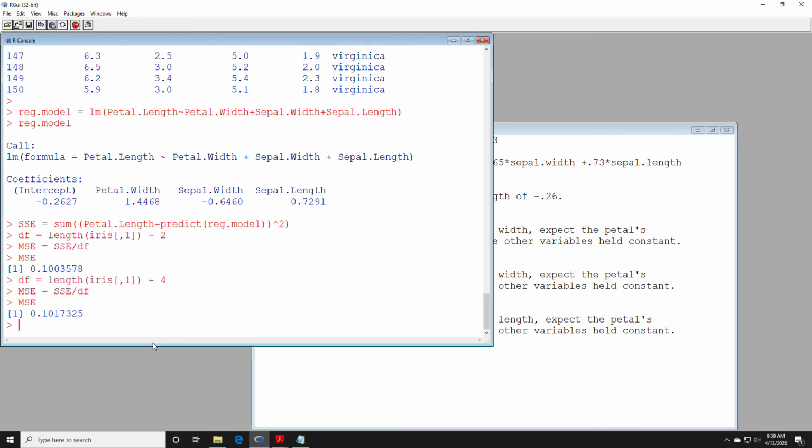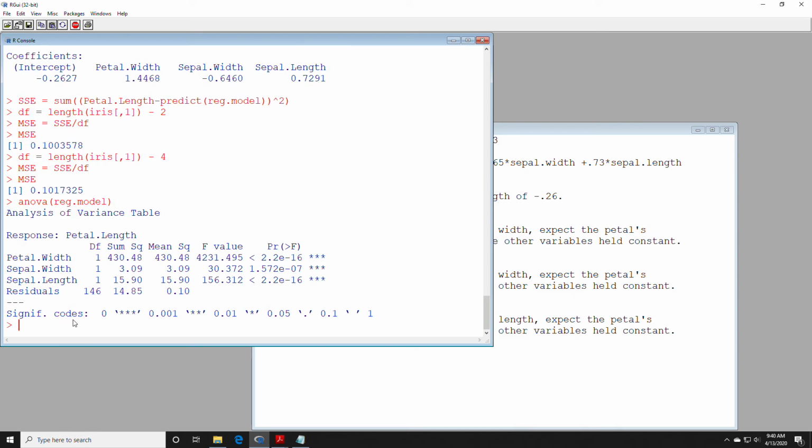So that doesn't look like it really did much, but nonetheless, this is our estimate. And as before, we don't really have to do that, and I don't really expect you to do that. If you just put ANOVA, you can still get it from here.